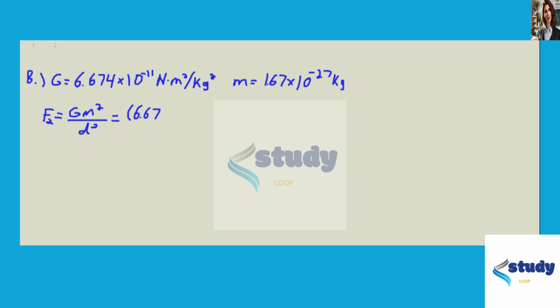So similarly, since we're dealing with electrostatic force, we're dealing with charge. With gravitational force, we're dealing with mass. The mass of our two protons are the same, so we can put it as m squared as opposed to m1 times m2. Then we divide this by our distance.